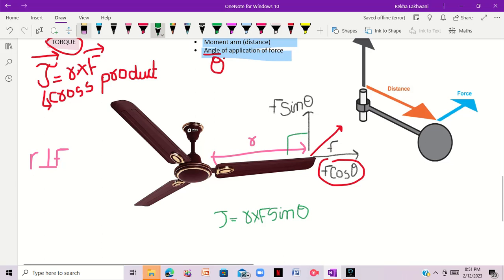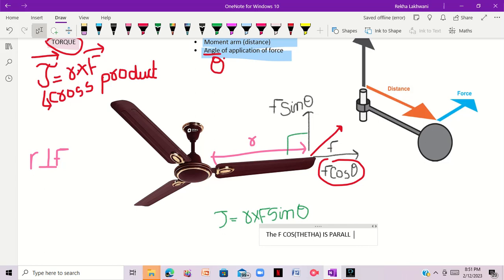We have to remember one thing: the F cos theta is parallel to the moment arm, so there won't be any rotation by F cos theta.